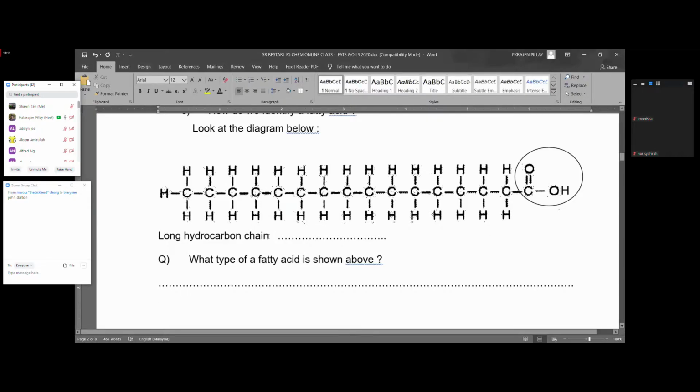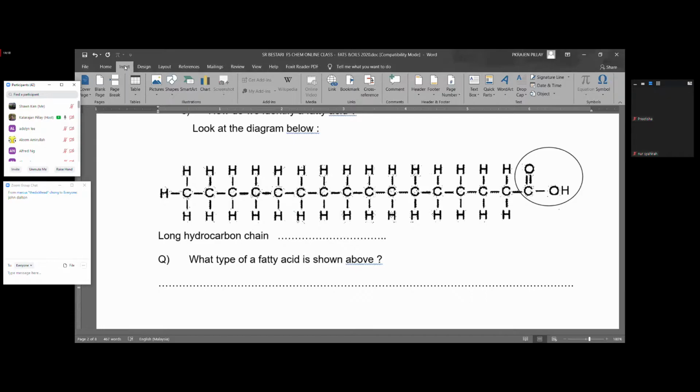That means the hydrocarbon is, let me use my drawing tool, from here until here, inclusive of your carbon and hydrogen. So you can see it's a long hydrocarbon chain, because there are all H attached there. That's why I put long hydrocarbon chain.